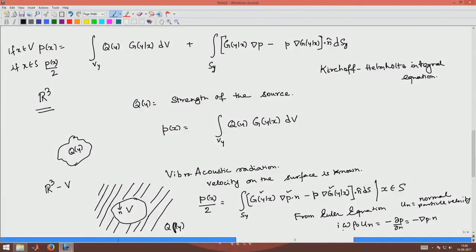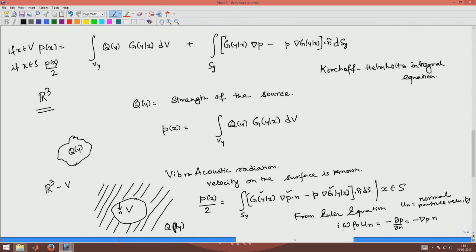Please note also from this integral equation what is evident is that you need to know only the velocity conditions at the boundary, you do not need to know what happens interior to the boundary, interior to the volume, because this is a boundary integral equation. Accordingly, when the discretization takes place, it has to take place only on the boundary, you need not discretize the volume.